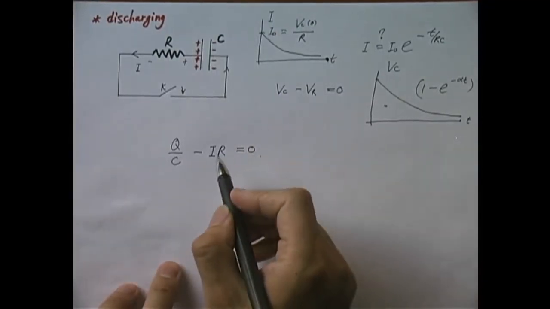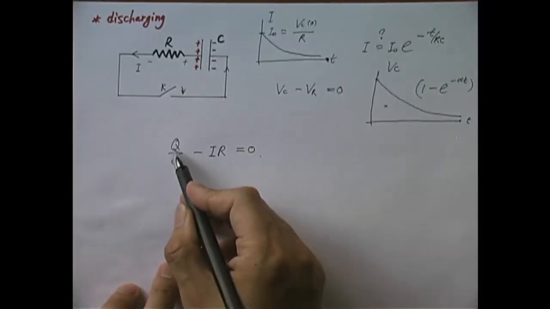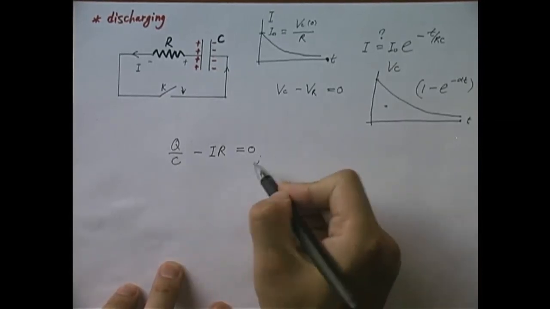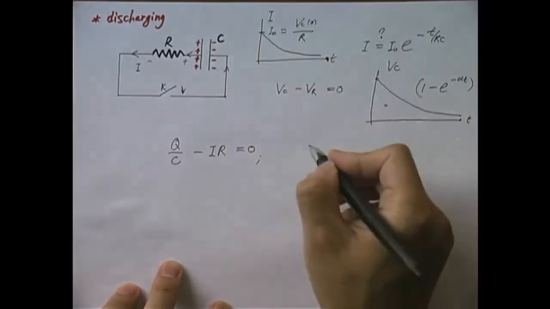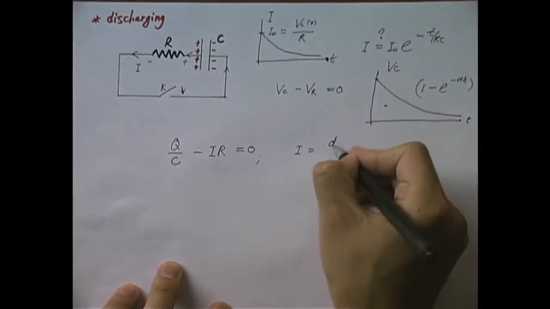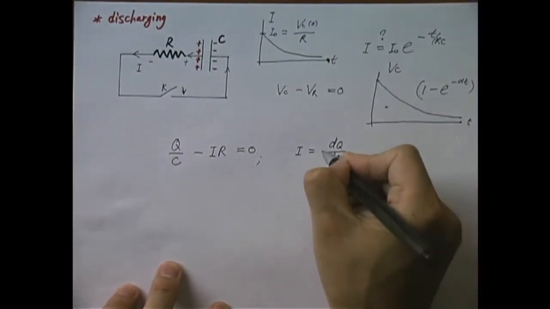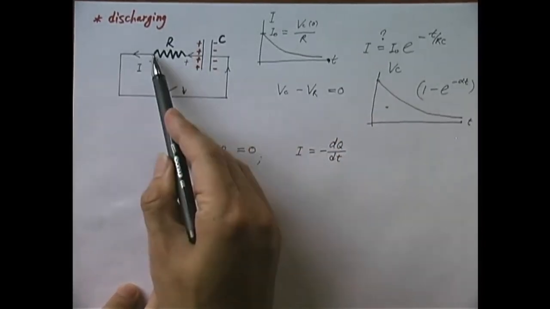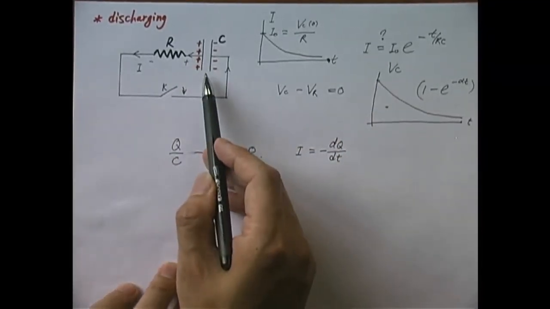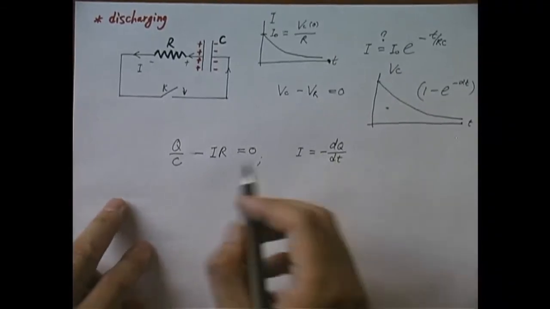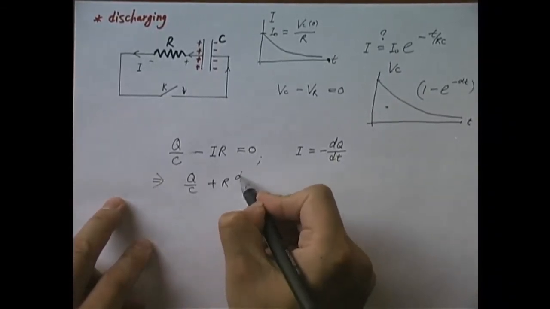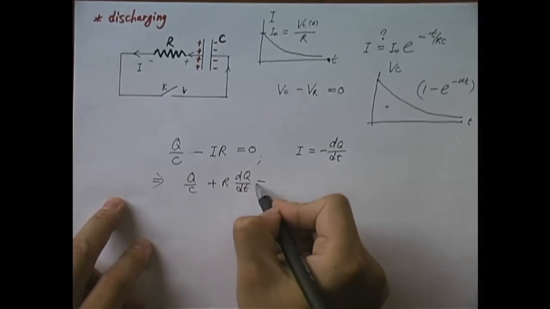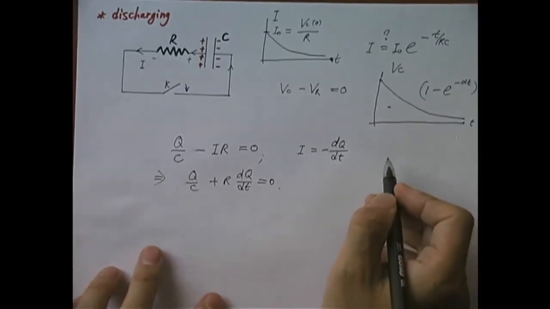Again, we can get rid of I or get rid of Q, either way. In this case, how is I related to Q? I is the current flowing this way. I is dq over dt, but with a negative sign, because if you have current flowing this way, that's going to cause the charge to diminish, not to increase. So it's negative dq dt. So you plug that in, you get q over c plus r dq over dt equals 0, right?